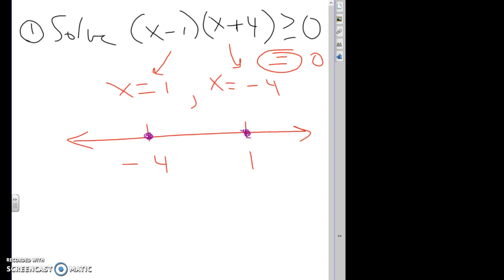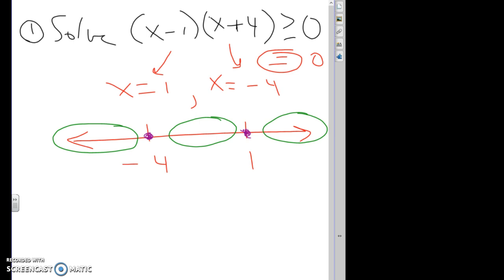Now we're going to pick any number from each of these sections, and use our calculators to plug them into the problem and see if it really is greater than or equal to 0.